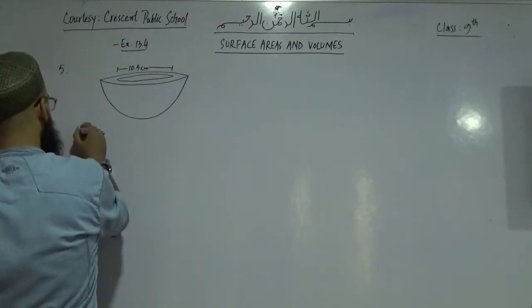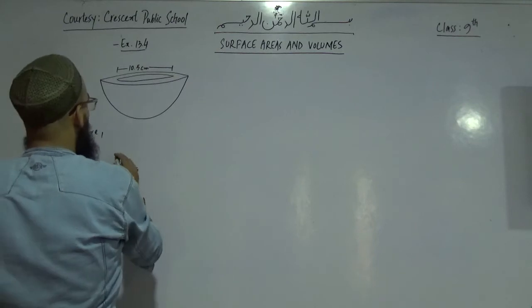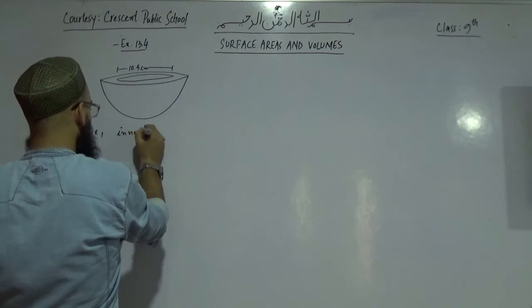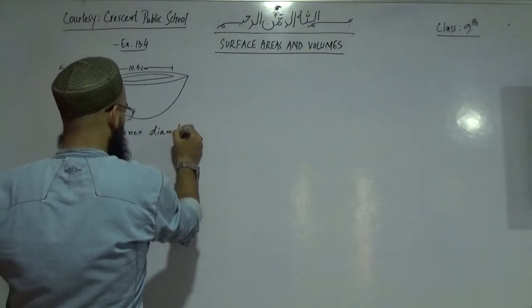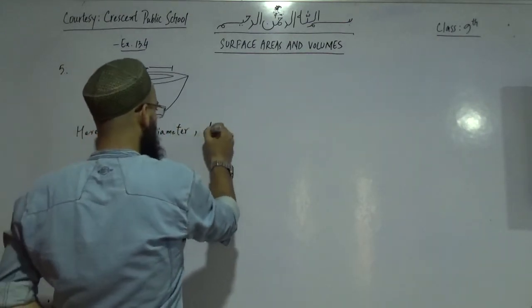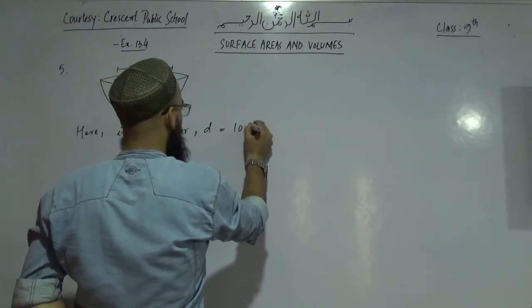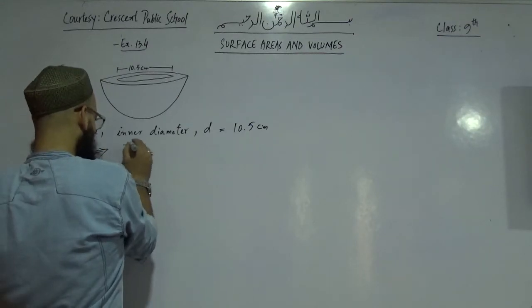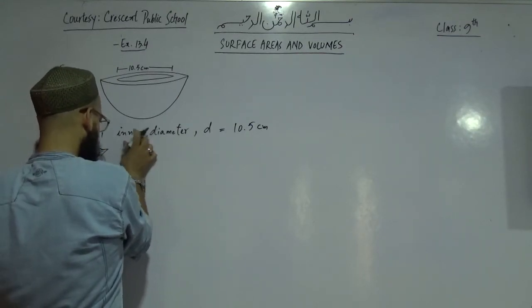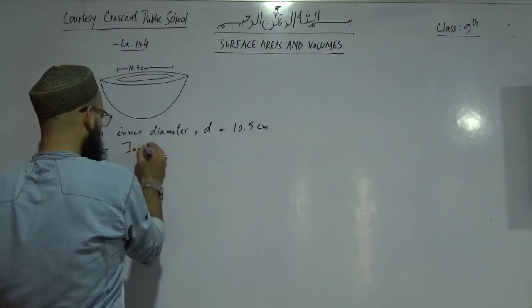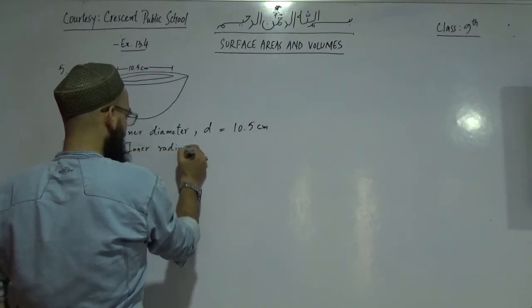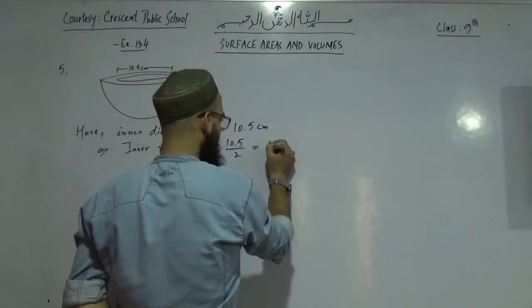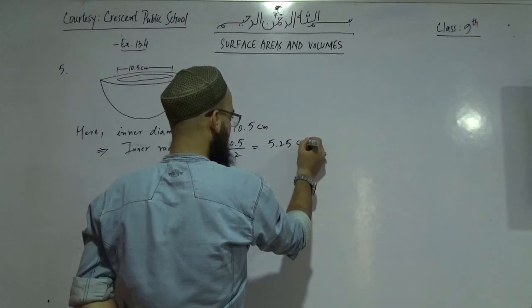Here inner diameter, let's say D, is 10.5 centimeter, which implies that inner radius R is 10.5 divided by 2, and that's 5.25 centimeter.